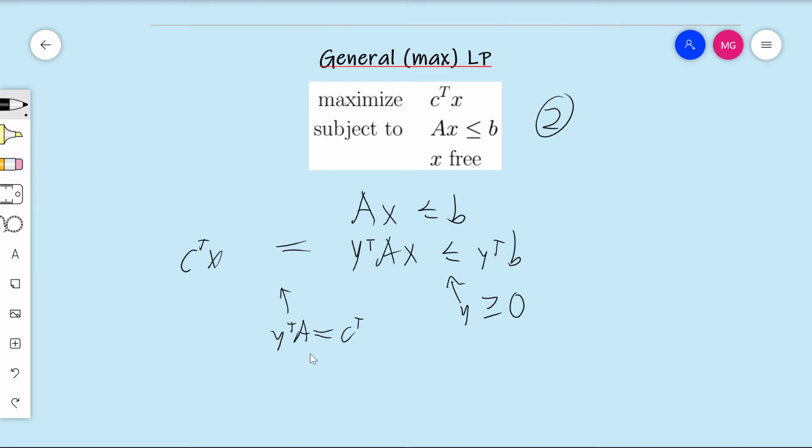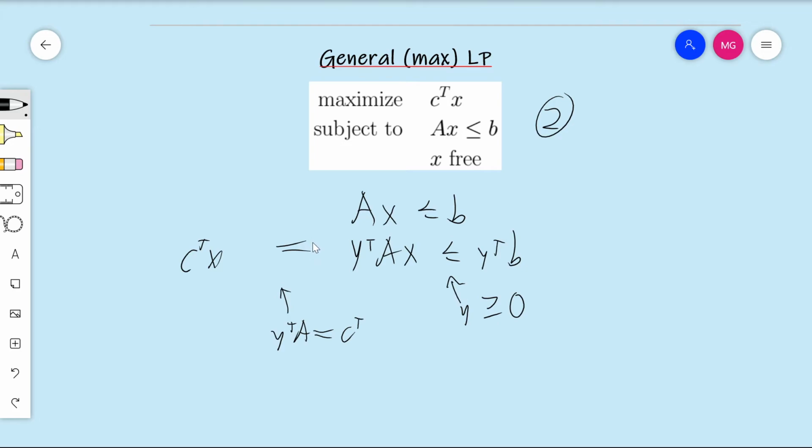So this is a stronger constraint that we need to impose, because now when you multiply by the vector x, you have c transpose x equals y transpose Ax. And it doesn't matter whether x had components that were positive or negative. None of that matters. What you do to the left-hand side is what you do to the right-hand side. You always get that, of course.